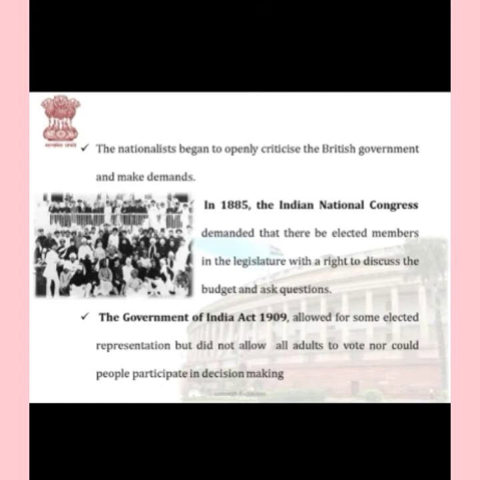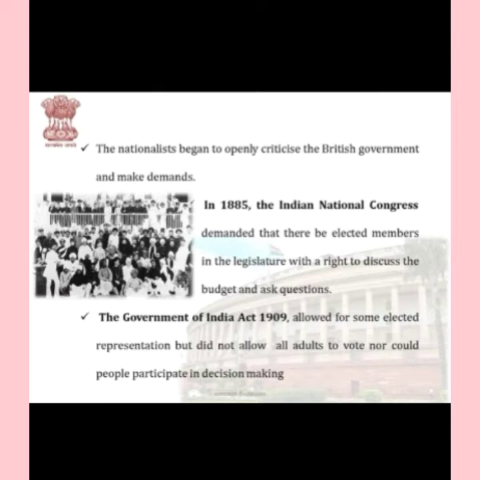That means in the legislative assembly they allowed the elected members. So those people started asking questions about the budget, about the money spent per year for different fields. So these sort of questions were raised by the people of the Indian National Congress.